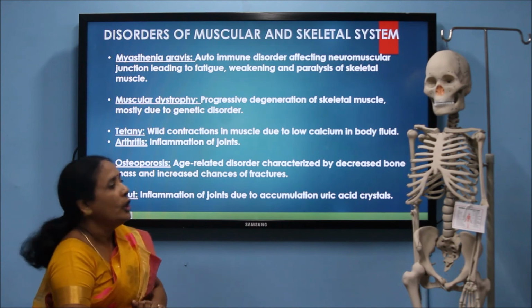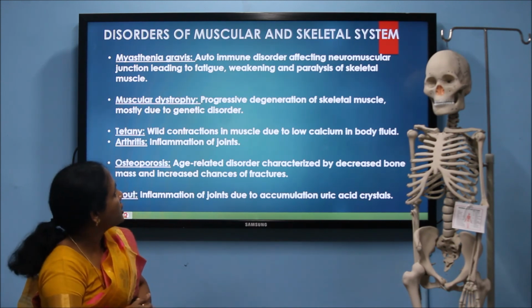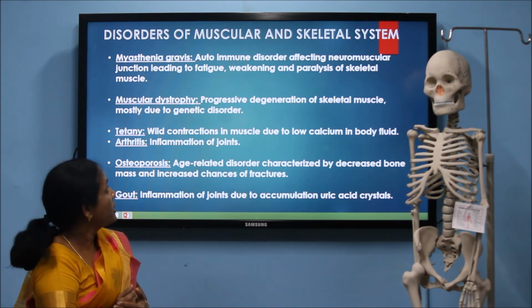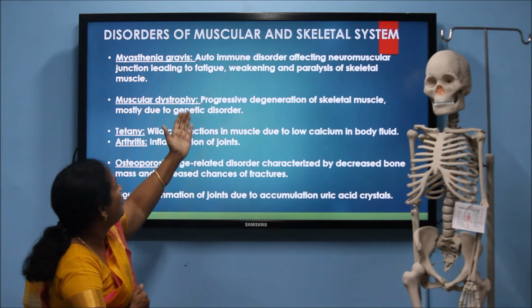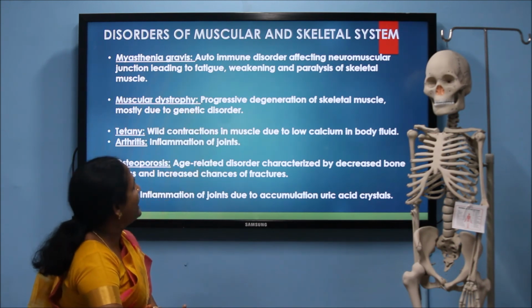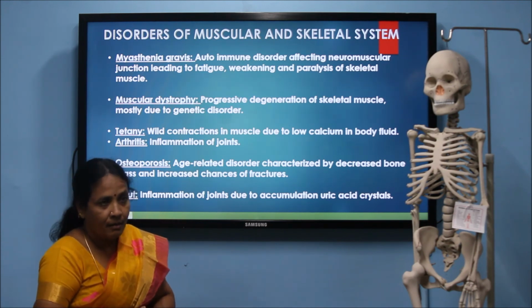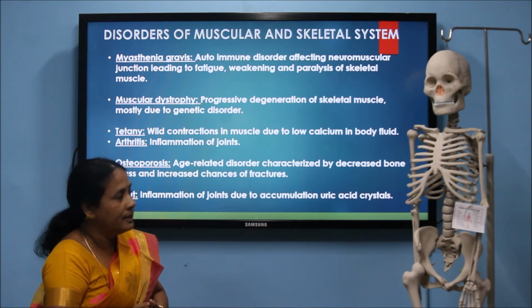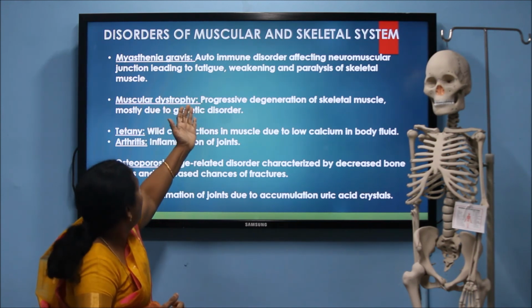The immune system affects the neuromuscular junction, leading to fatigue, weakening, and sometimes paralysis. Due to the immune disorder, the parts become fatigued.